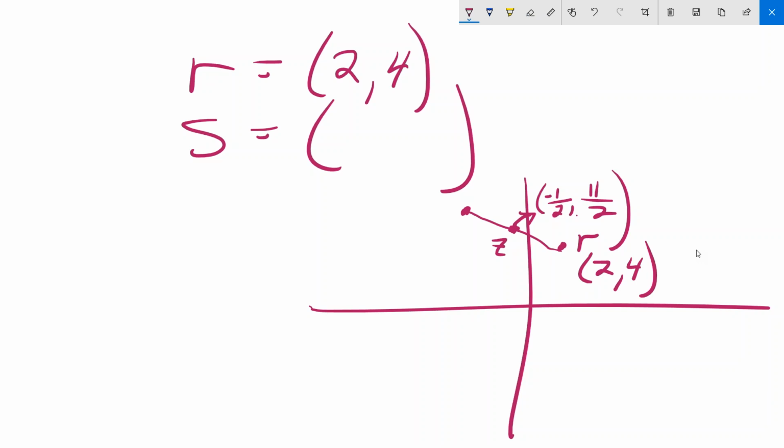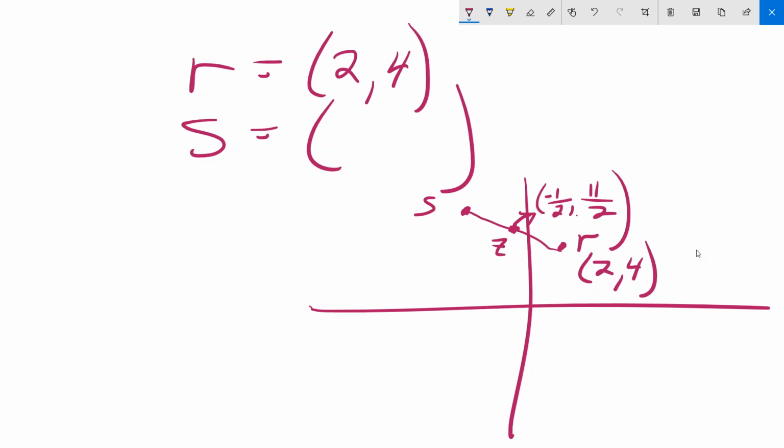So how am I going to do this? In other words, they've given you R, they've given you Z, the midpoint. So how do you figure out what S is? Don't you do the same thing with Z and then double it? Or? A little different. The concept is a little different.